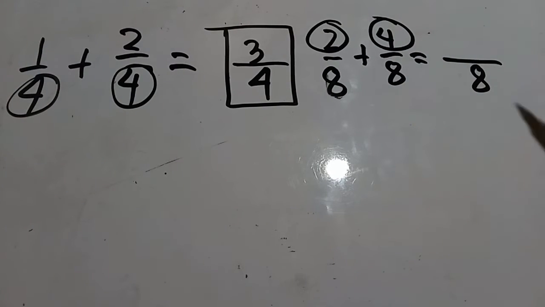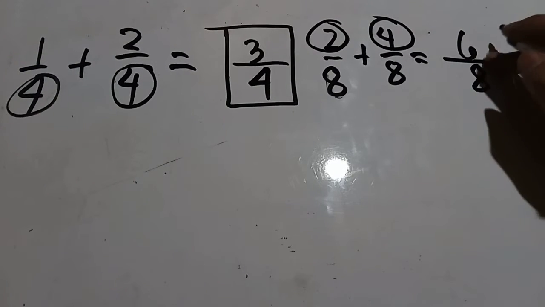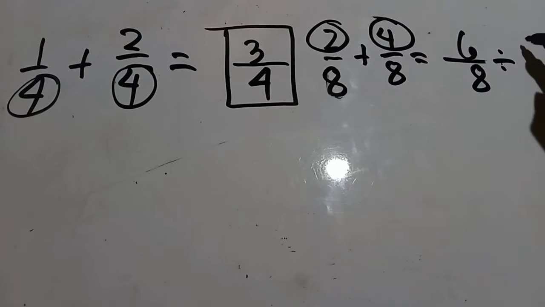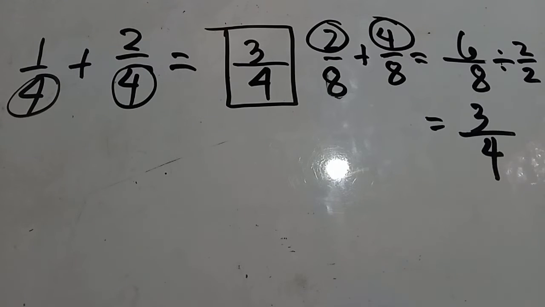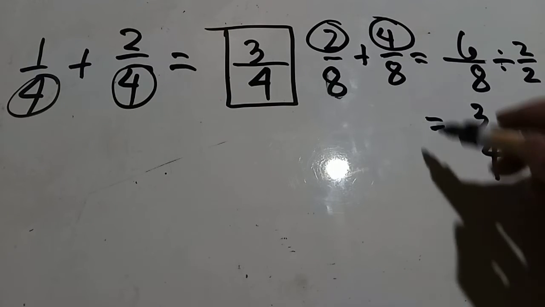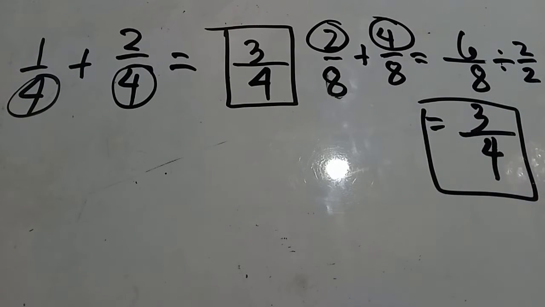So, 2 plus 4, that is 6. Now, can we reduce to the lowest term? 6 over 8. Alright, can we reduce? Divide both sides by what? 2. Okay, so we have 6 divided by 2, that is 3. 8 divided by 2, that is 4. So, the final answer is what? 3/4. Nakuha.